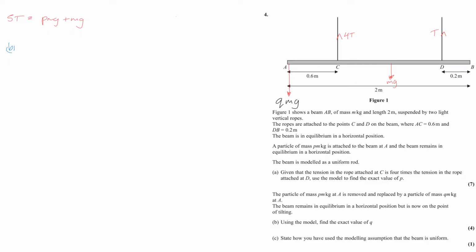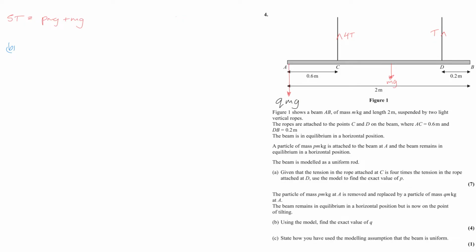Now, part B says that P was removed and Q was added in. It remains in equilibrium, but it's at the point of tilting. So, since Q's here, that's like one pivot point, but this point, as this is pulling down, this one is about to tilt up here.